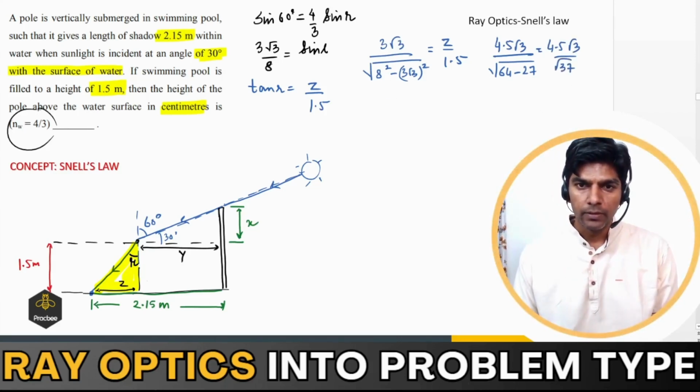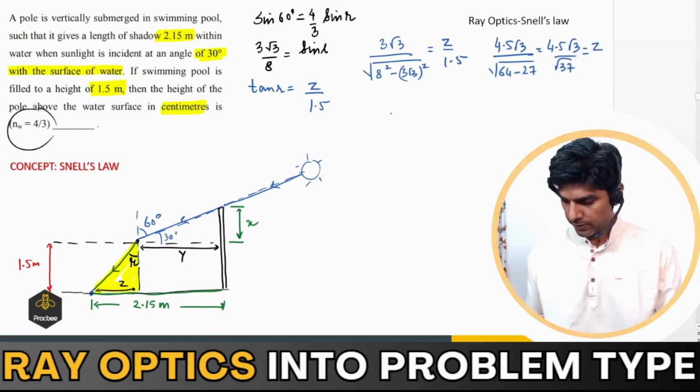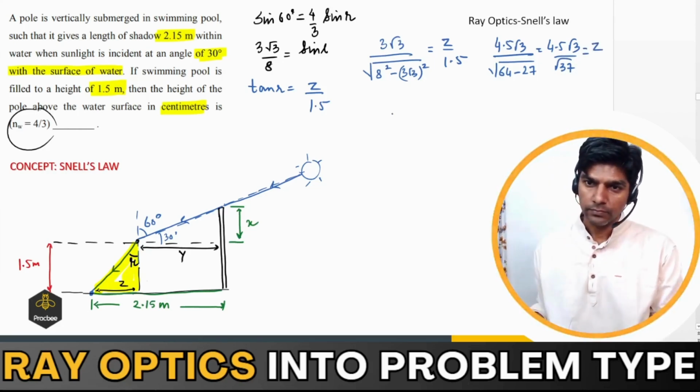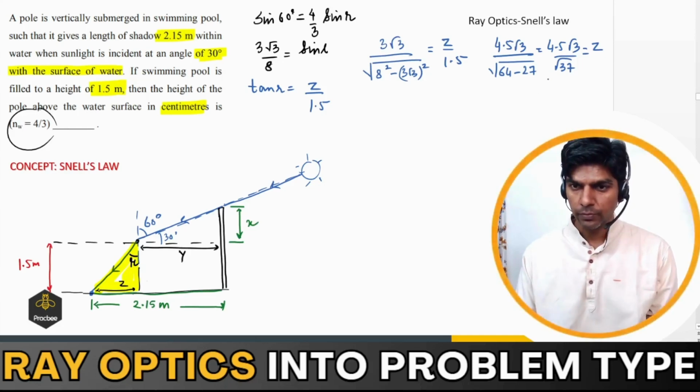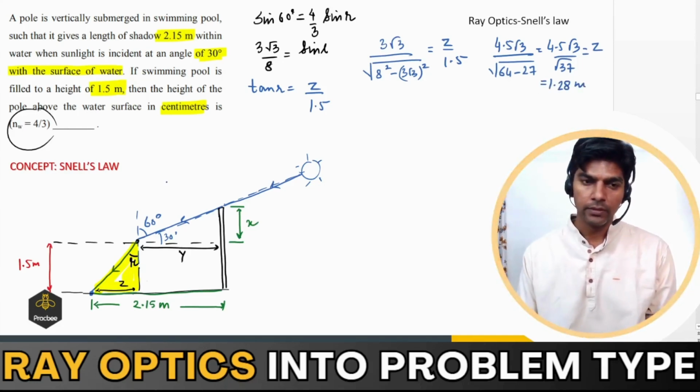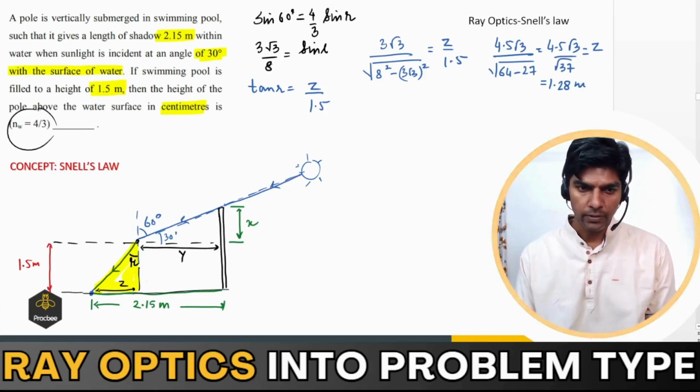Okay, so this will be the value of z. If we simplify this, let me find the exact value. 4.5 times root 3 divided by root 37 comes out to be 1.28 meters, right? So we got the value of z.